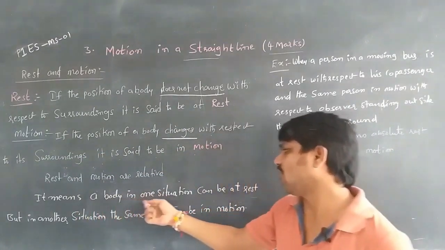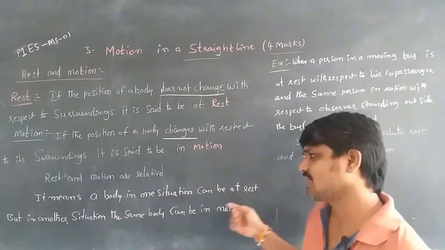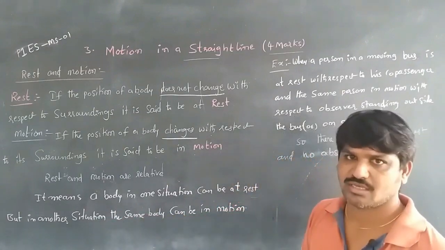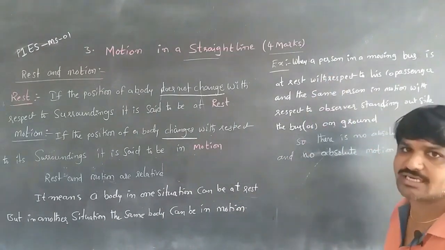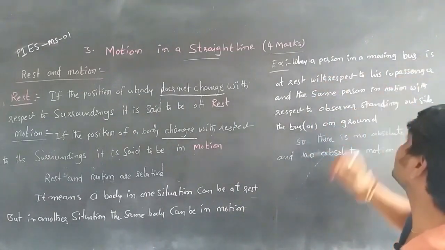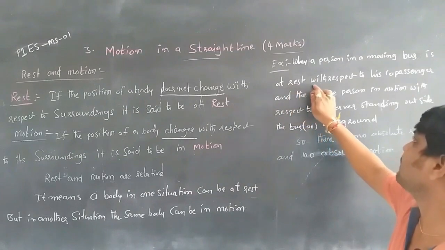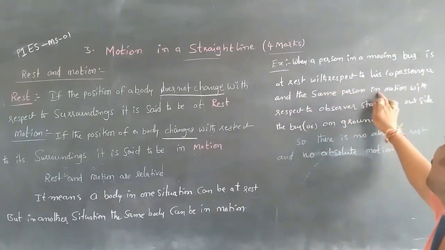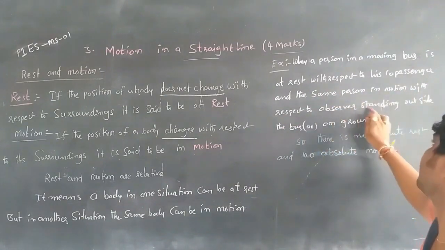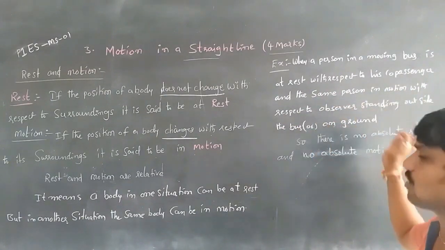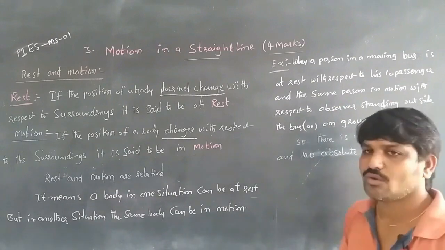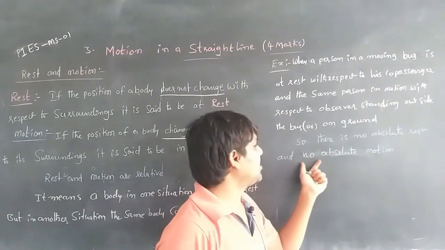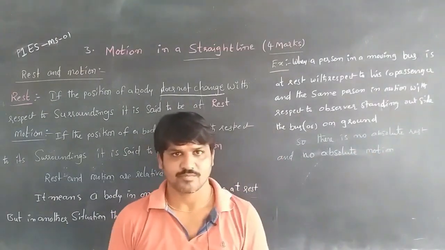It means a body in one situation can be at rest, but in another situation the same body can be in motion. For example, as we just discussed, a person in a moving bus is at rest with respect to his co-passenger, and in motion with respect to an observer standing outside the bus or on the ground. So there is no absolute rest and no absolute motion.